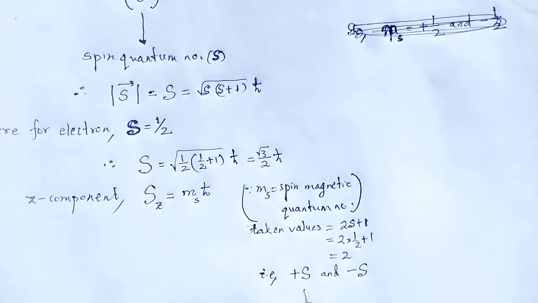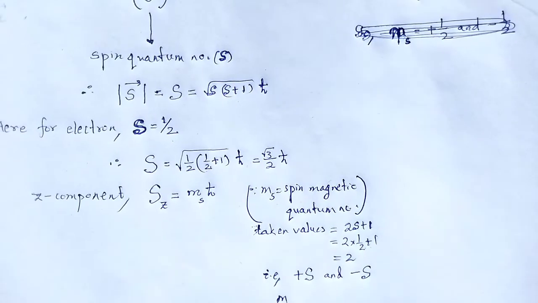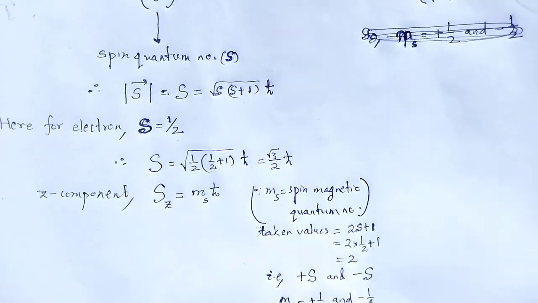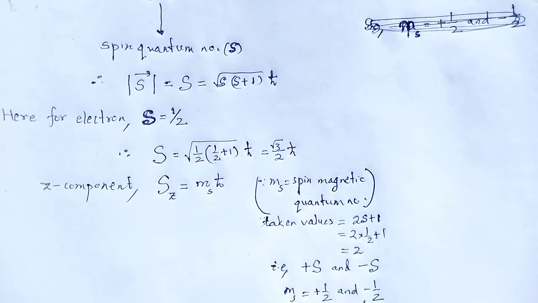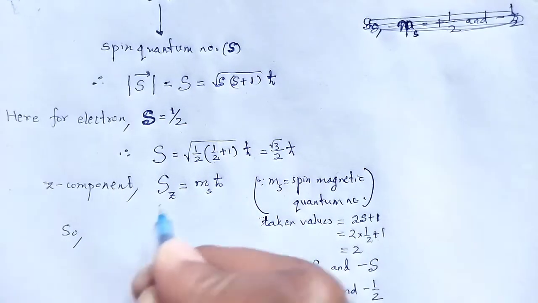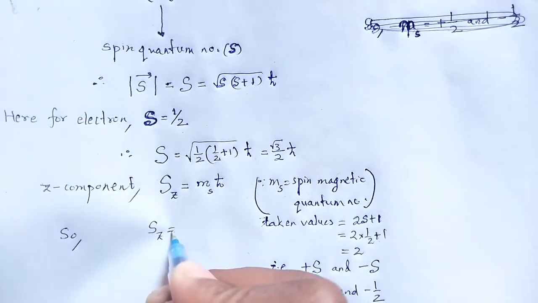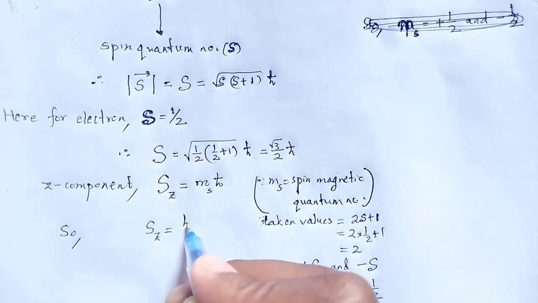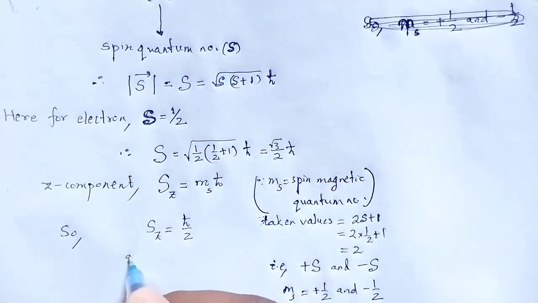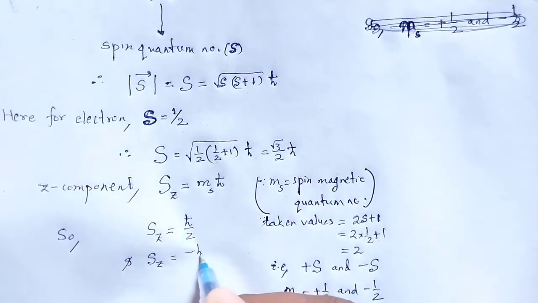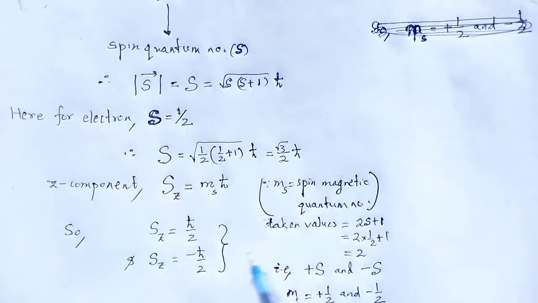Here m of s is equal to plus half and minus half. So S of z will be plus h cross by 2 and S of z will be minus h cross by 2. Okay.